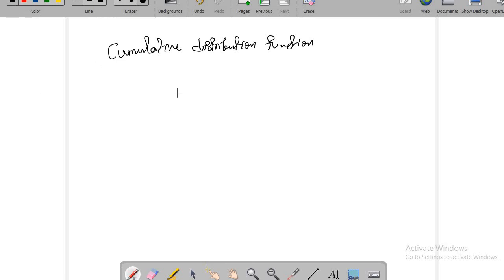And this is how it is defined. We are going to denote it with capital F of x. So capital F of x is equal to probability that x less than or equal to a, either it is continuous or discrete, whatever it may be. So this is the cumulative distribution function, probability that x less than or equal to a.